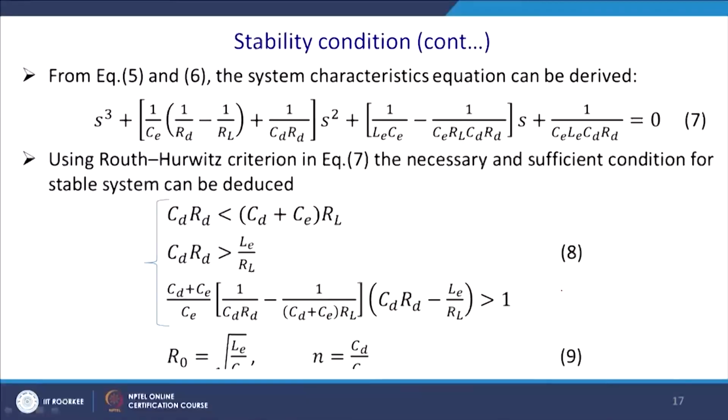Now, for the stability analysis, from this state space equation we come to the transfer function model, and thus we get this characteristic equation, this is essentially the denominator. This is the characteristic polynomial, and we have to analyze the stability by analyzing this characteristic polynomial.